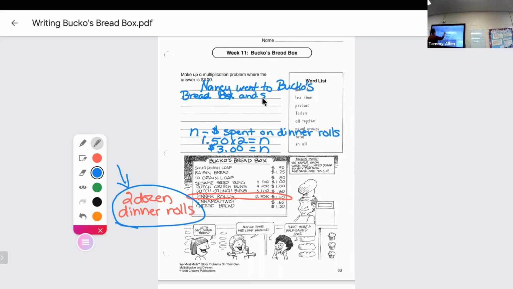and saw a sign. What else did you say? Because I got so lost in that run-on. Okay. 12 rolls for $1.50.